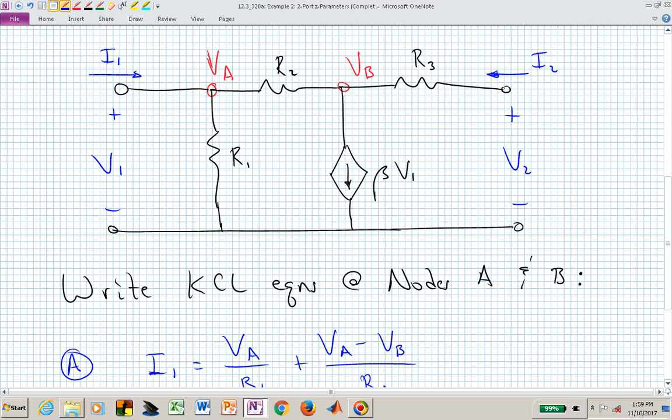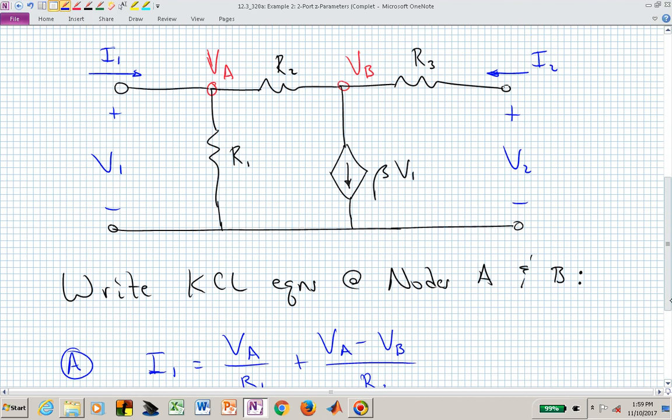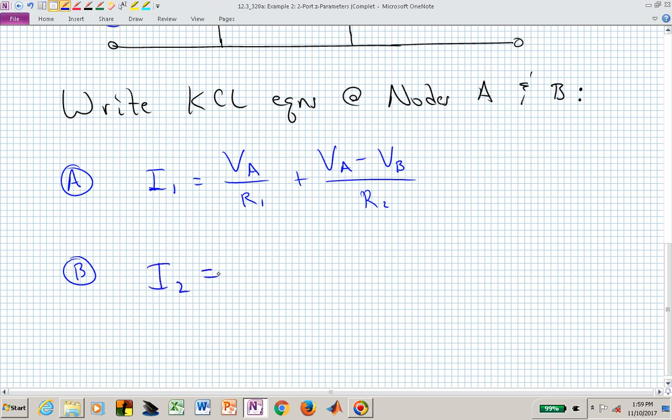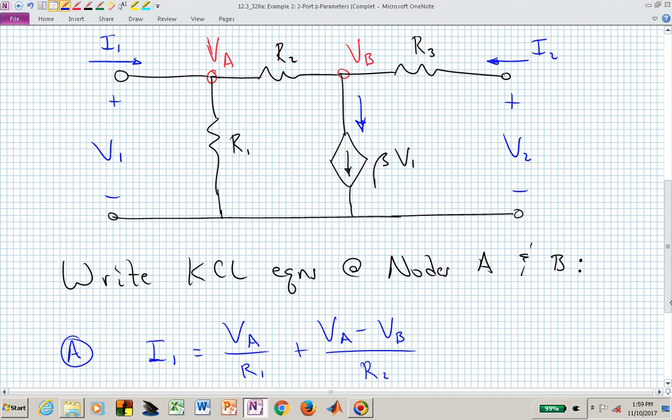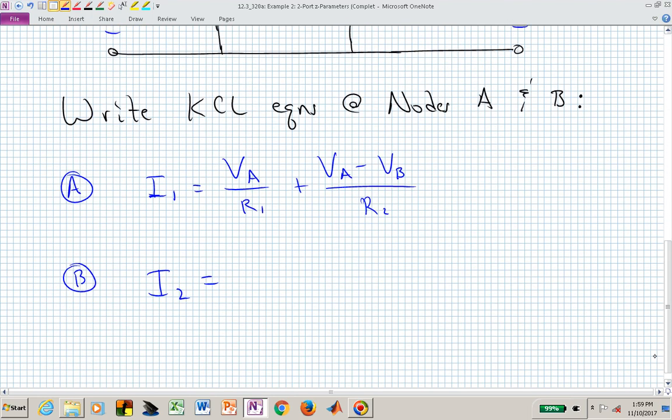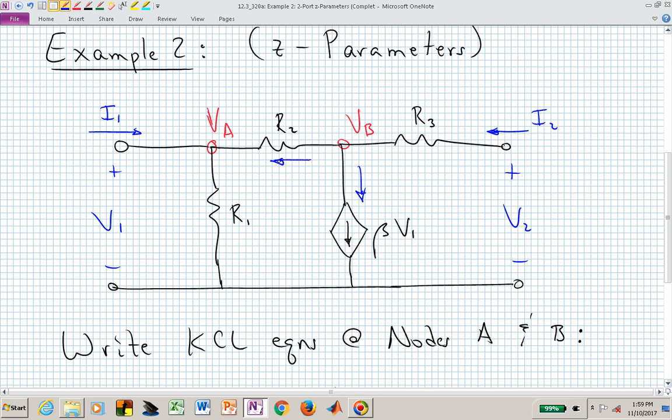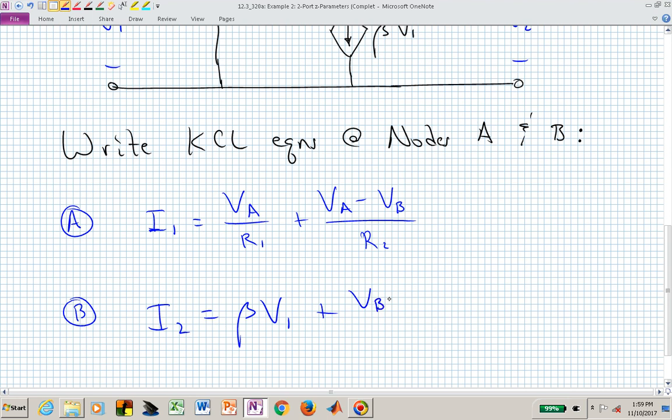Now let's write a KCL equation at V sub B. I sub 2 coming in from the right is going to equal the current going down in the vertical branch, which is defined by this dependent current source, which is dependent on a voltage, beta V1, plus the current going from right to left through R sub 2, which is V sub B minus V sub A, our voltage drop from right to left, divided by R sub 2.